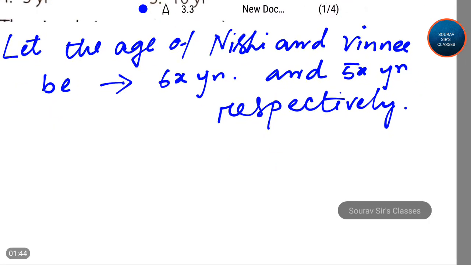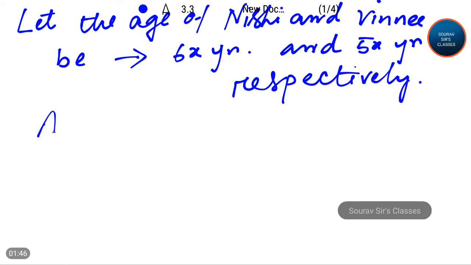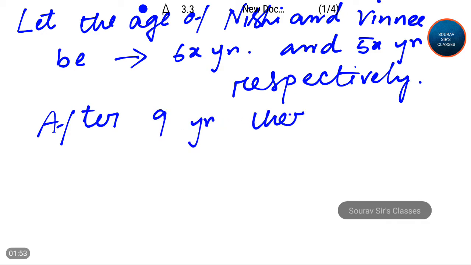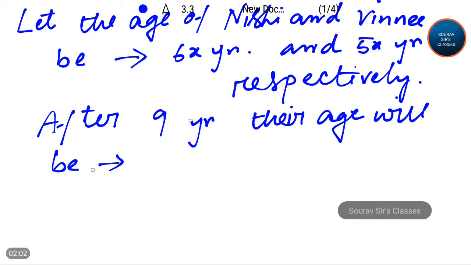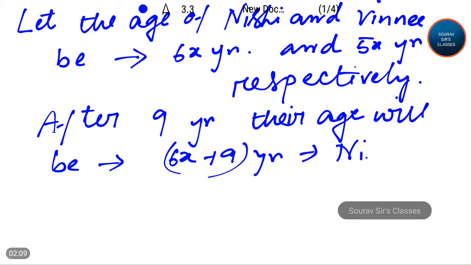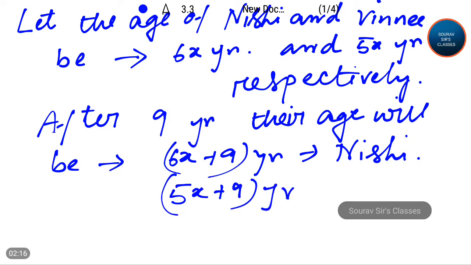Now after 9 years, their age will be 6x plus 9 year for Nishi and 5x plus 9 year for Vinny.